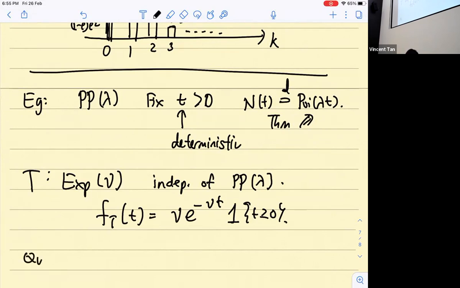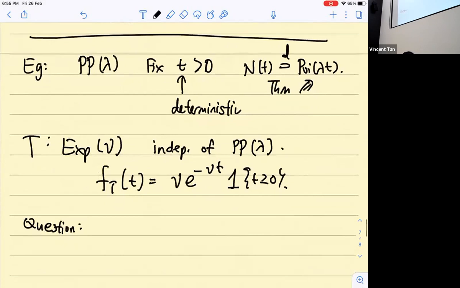So question. What is the distribution of N_T? Aha, big difference.